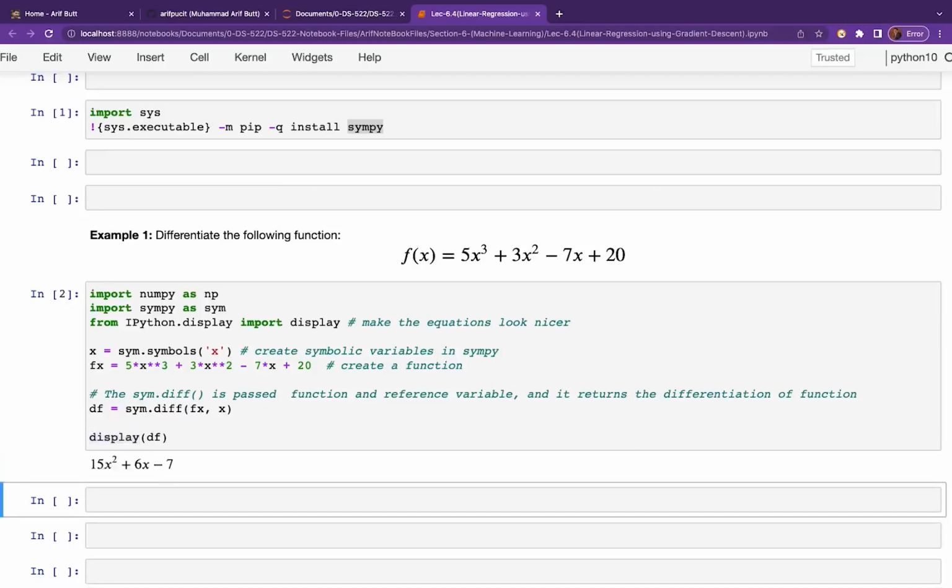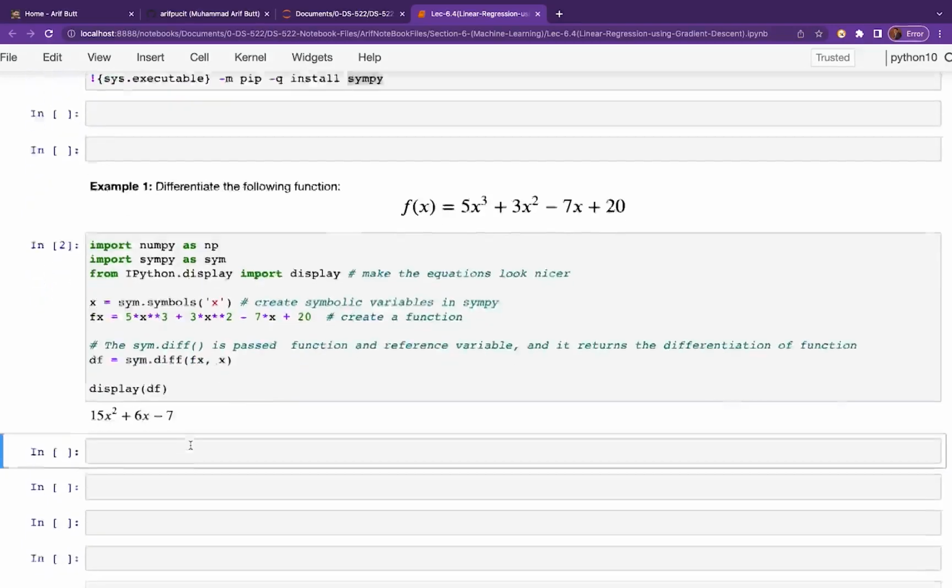Let me execute the code. Great. So this is the differentiated function. So this 3 comes out, 5 times 3 is 15, 15x², 1 is reduced from the power, 15x² is the first term, 6x, this is 6x, and this is minus 7. I hope this makes sense.